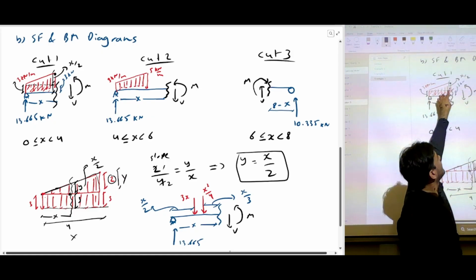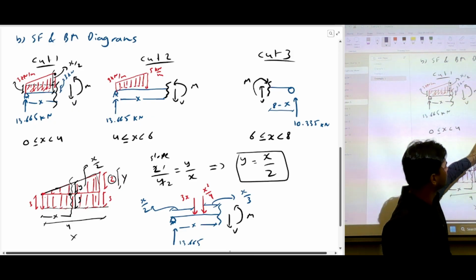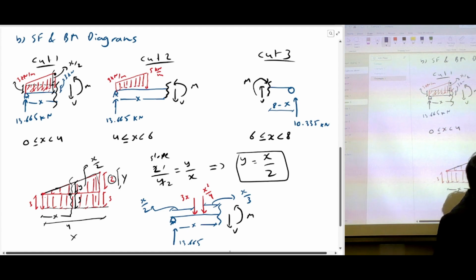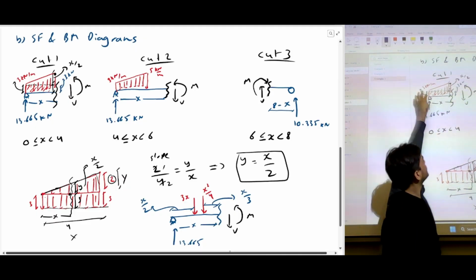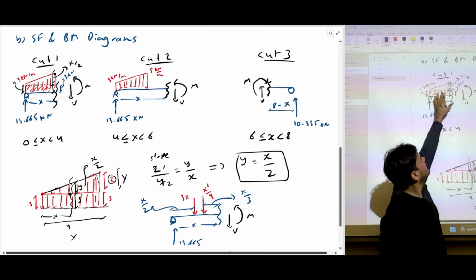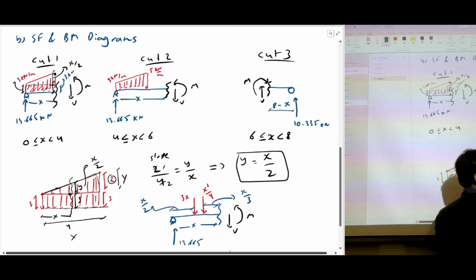The first step was to use the slope relationship to calculate these distances. Once we have the distances, this force is the area of a rectangle, 3 into x, 3x. And the triangle is half into length into height, so I got x squared by 4. The force acts at 2 by 3rd of the distance x and 1 by 3rd of x. So this is x by 3 and this is x by 2.